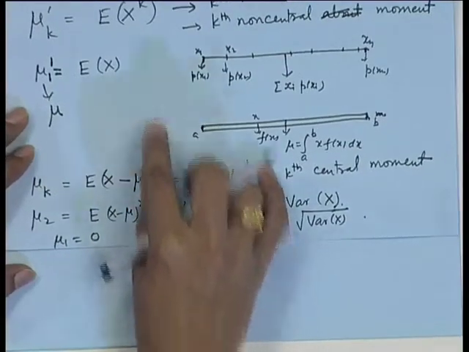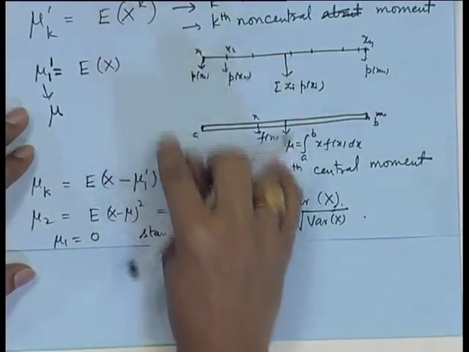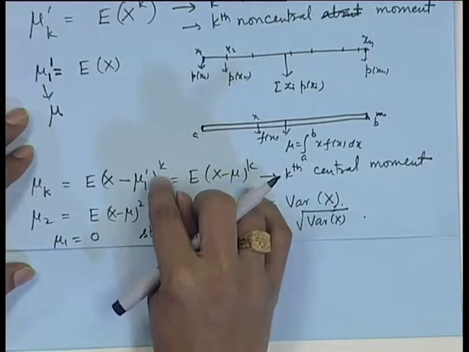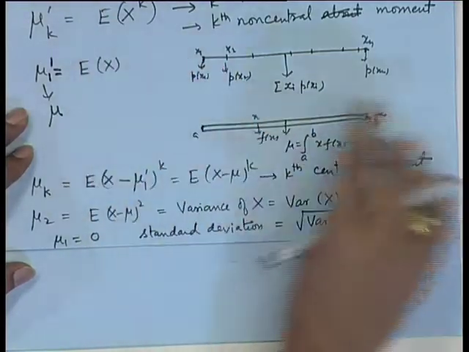It is obvious that if we are considering k to be positive integral values, then there will be a relation between mu k and mu k prime, which is expressed as follows.